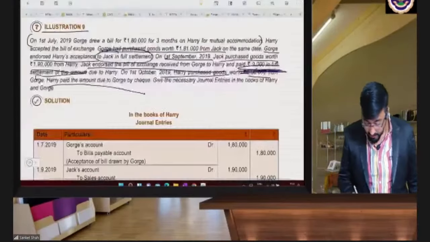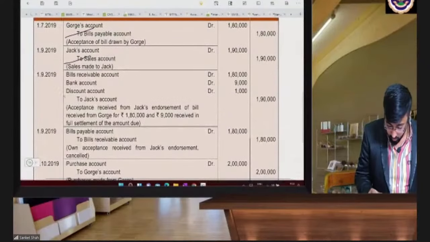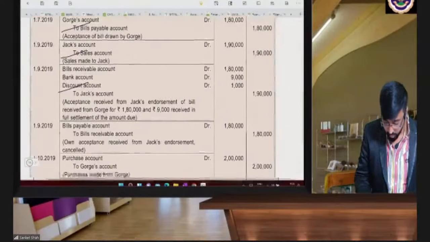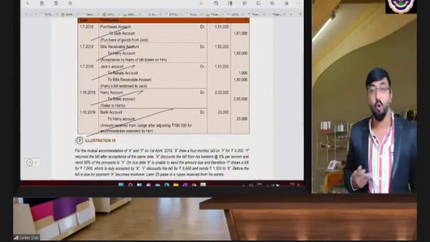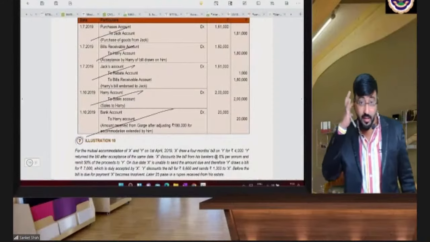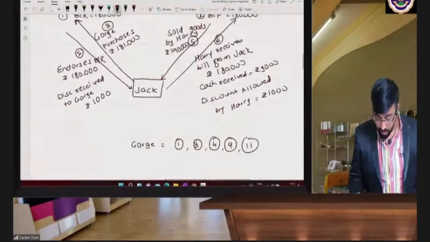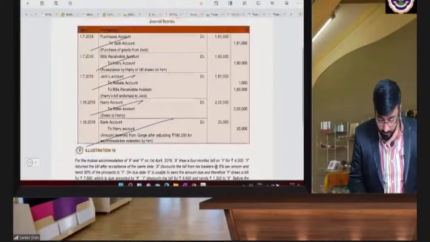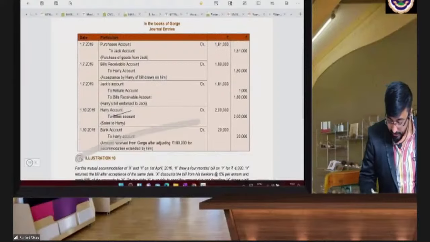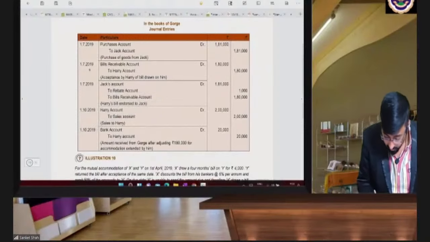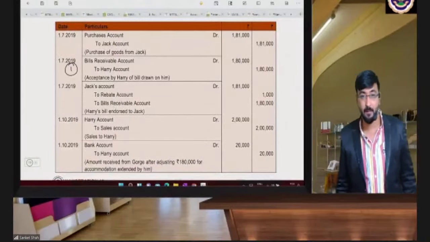You can check in the study material, Harry's entries 1, 2, 3, 4, 5. And what are the entries? First entry, bills receivable account debit to Harry.